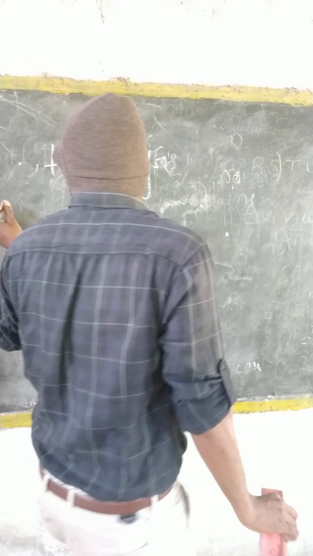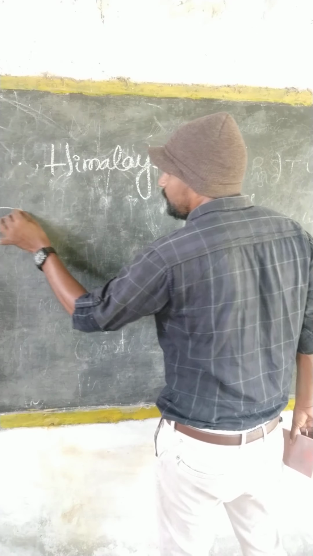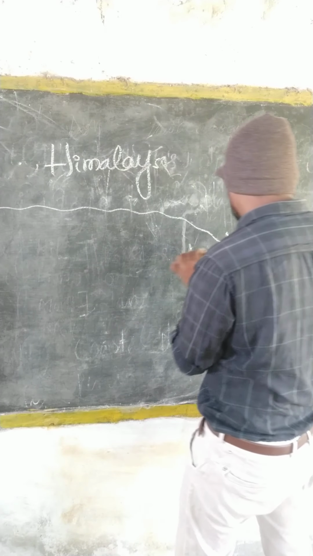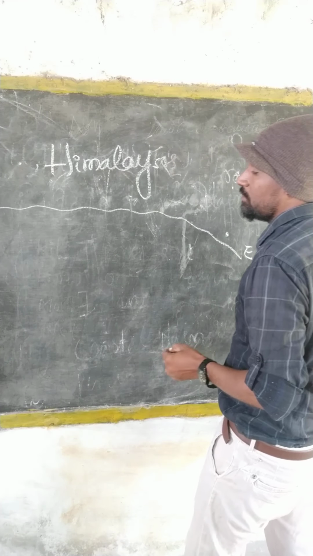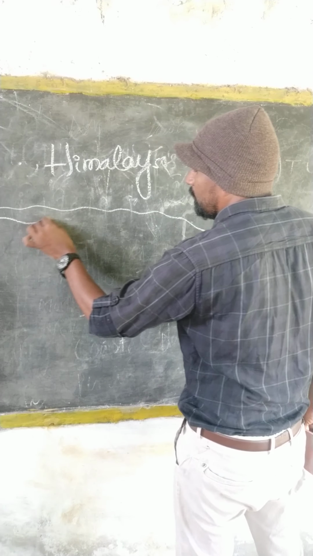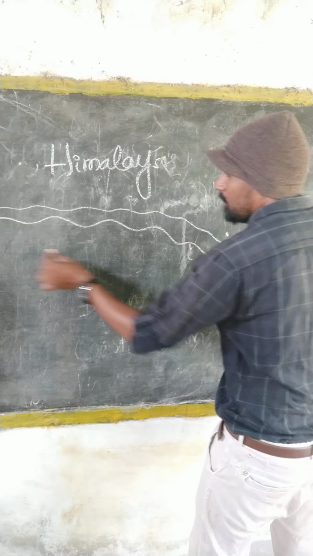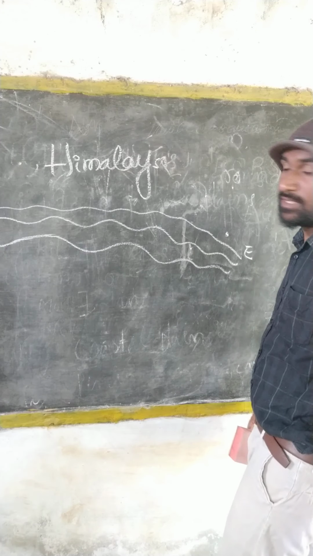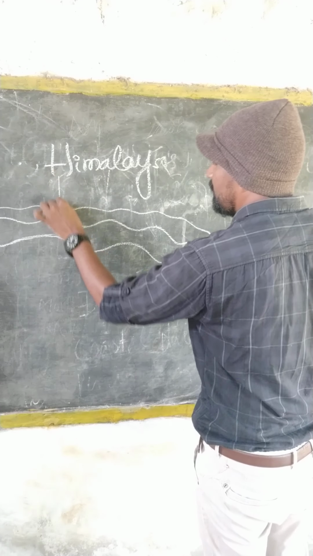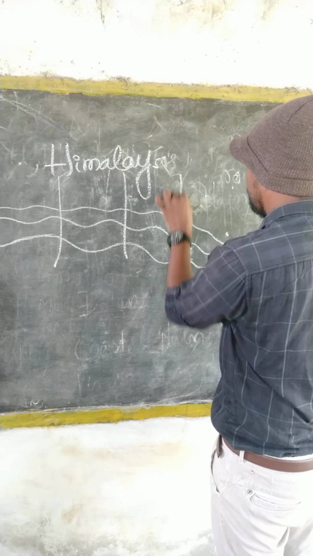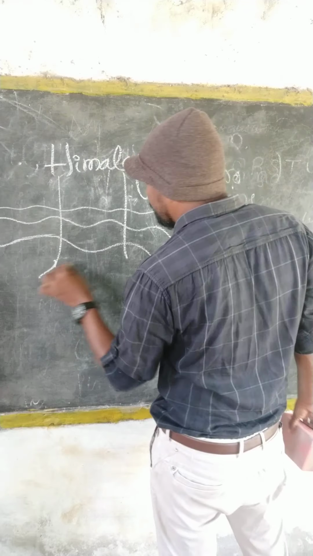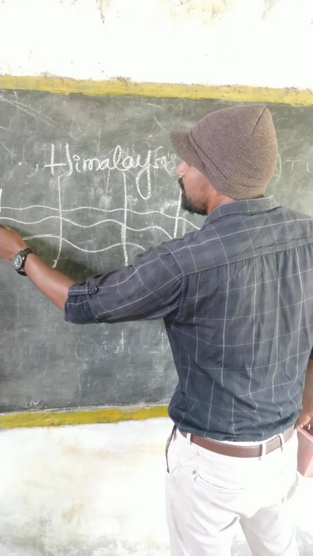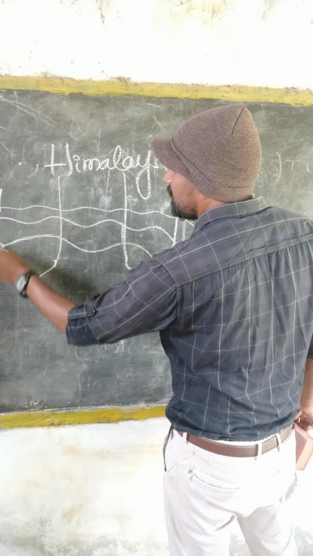So the Himalayas run from west direction to east direction, and in these Himalayas we observe three ranges. So the Himalayas have three variations. The upper side, this is the second one, this is the third one.